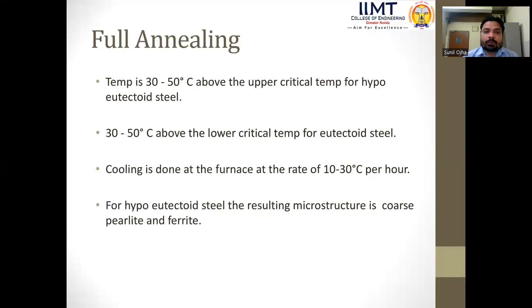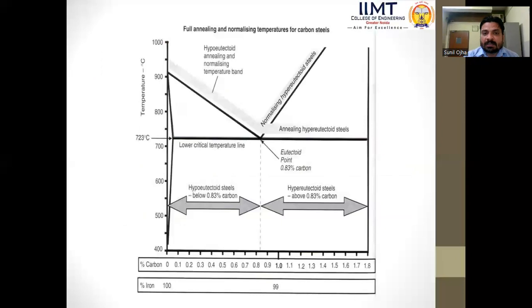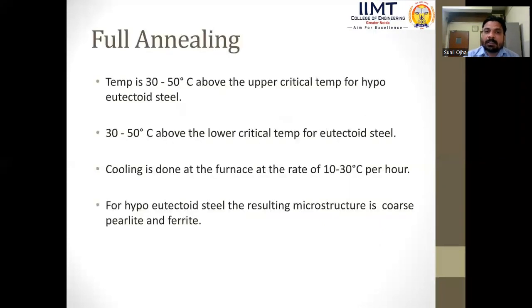So how do we do the full annealing process? We heat the material 30 to 50 degrees centigrade above the upper critical temperature for hypoeutectoid steel, which is below 0.8% carbon.